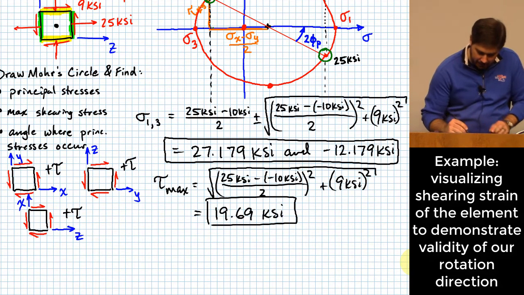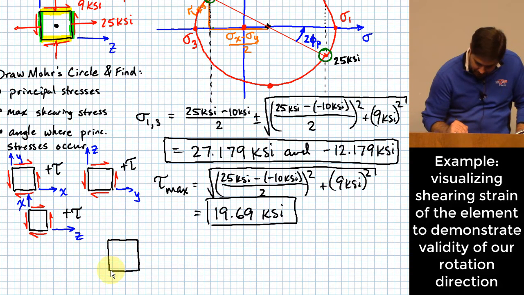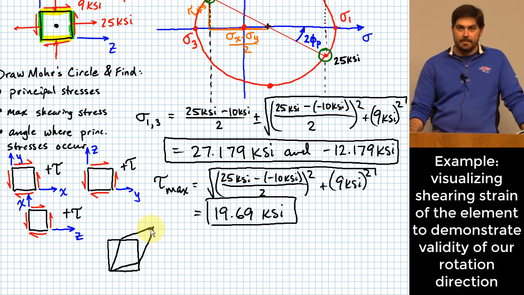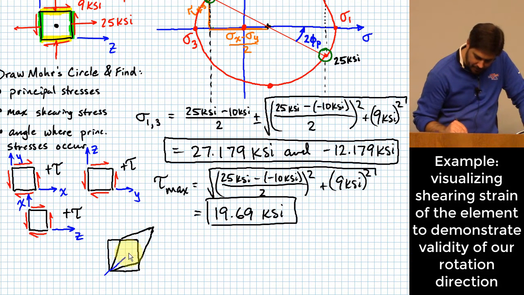Okay, that little piece of material probably, instead of being square anymore, it starts to become a shape more like this. Do you agree? So what happened linearly along that direction?